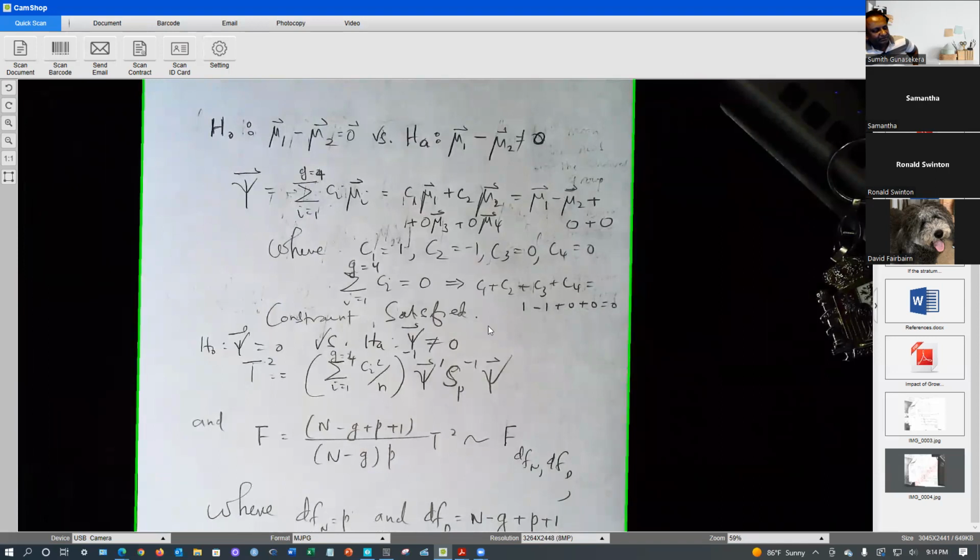The contrast is in such a way that the summation of its coefficients equals 0, which satisfies the constraint. So in a situation like this, you are using the T squared.